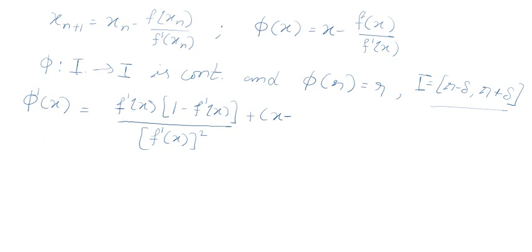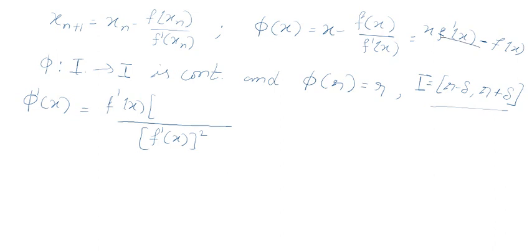This is, if you take the LCM, it is x times f dash of x, right? So let's correct it here: f dash of x times, if I write here, x times f dash of x minus f of x, divided by f dash of x.